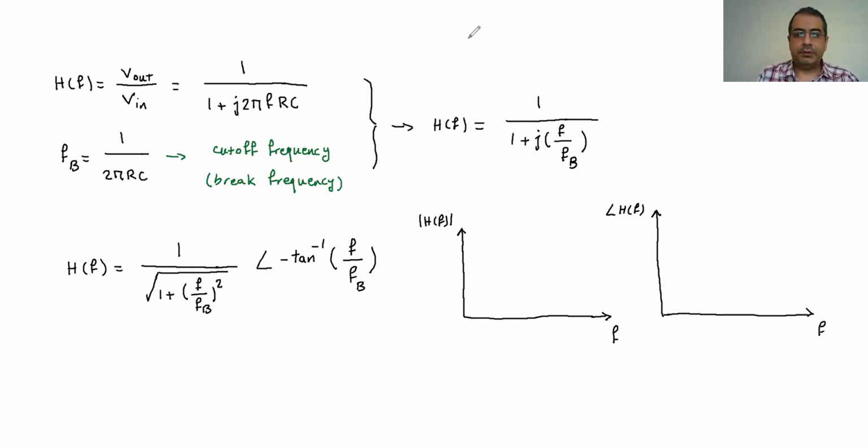So let me just mention, if you remember from the complex number, this part is the magnitude, and the second part here is the angle of the HF.